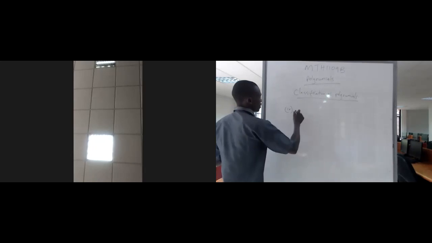The fourth classification, under number of terms, we call this in general n. Generally, we say n-term polynomial.